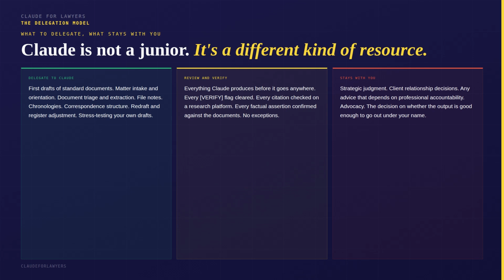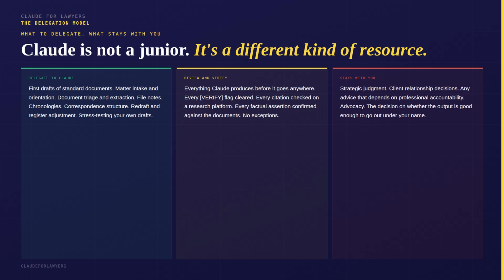What belongs in the review and verify column is equally clear. Everything Claude produces before it goes anywhere. Not most things, not the things that seem important. Everything. Every verify flag cleared against a primary source. Every citation checked on Westlaw, LexisNexis, or Fastcase.